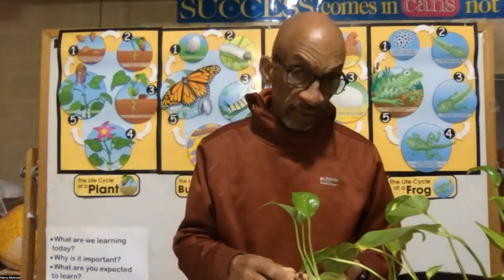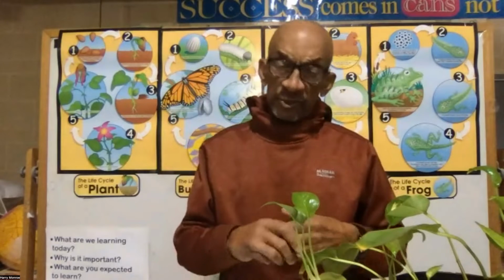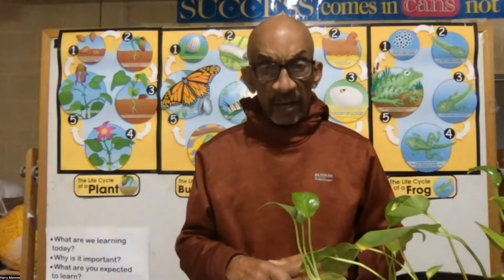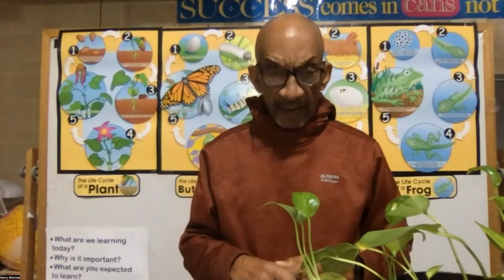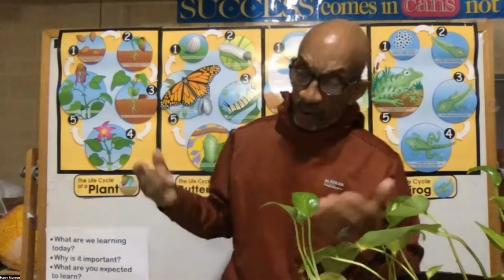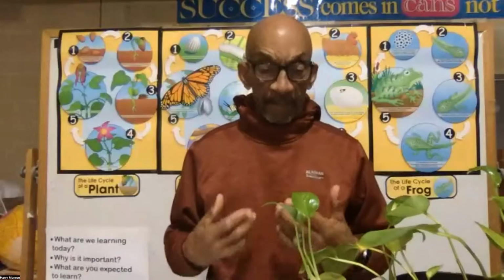Now, cells are part of certain types of tissue. And the tissue makes up certain organs that are in a living thing's body. And then the organs make up organ systems, such as the cardiac system, or the circulatory system, or the respiratory system that is found in humans or people.